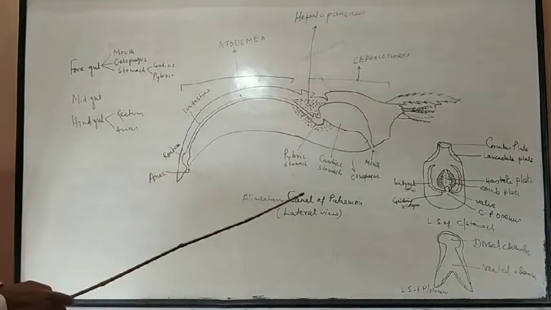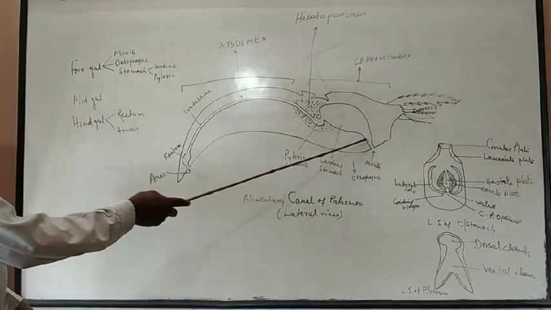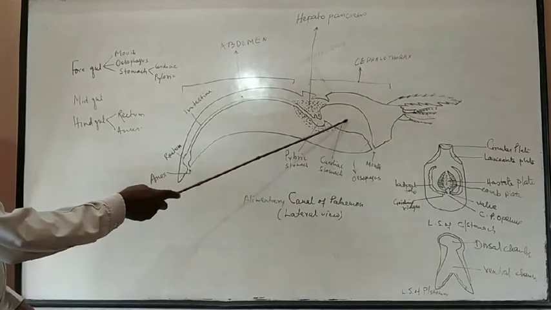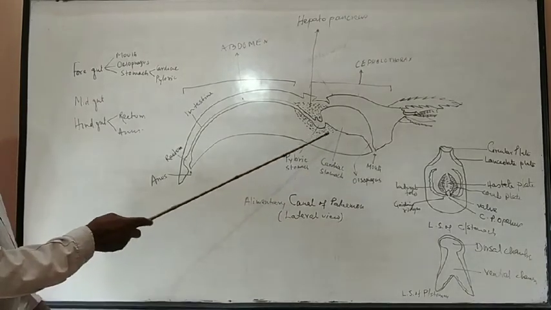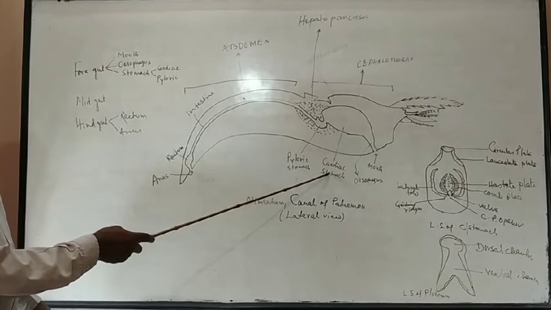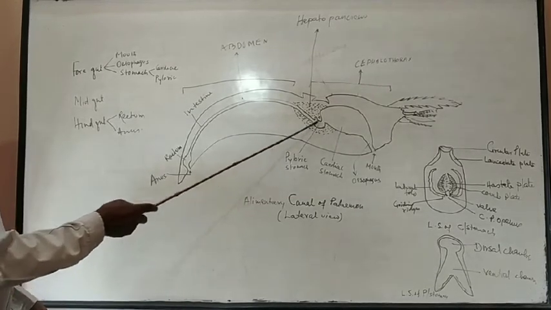Foregut includes mouth, esophagus and stomach. Stomach is demarcated as cardiac part of the stomach and pyloric part of the stomach.